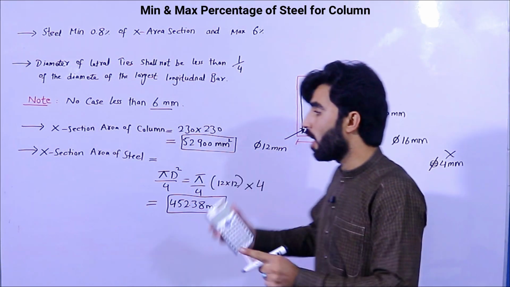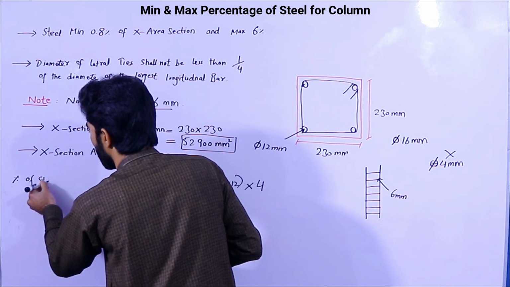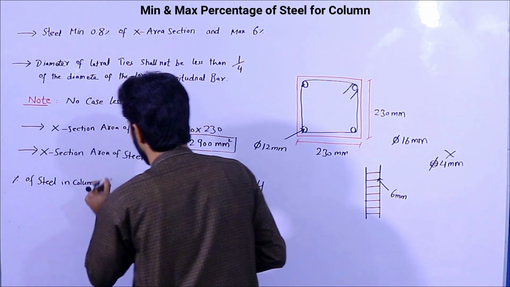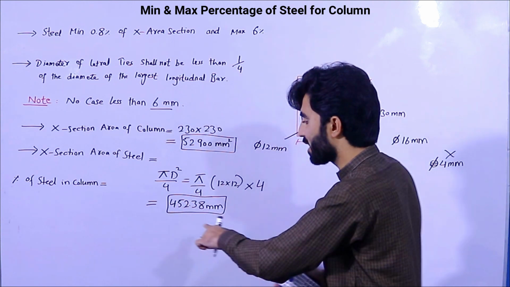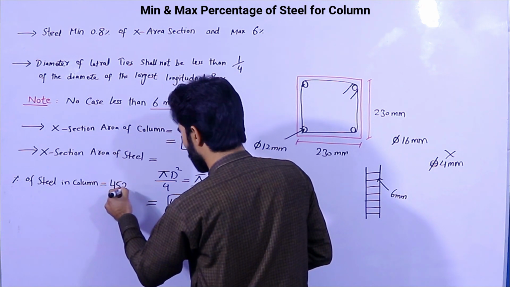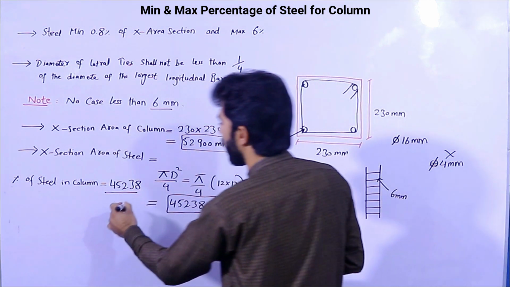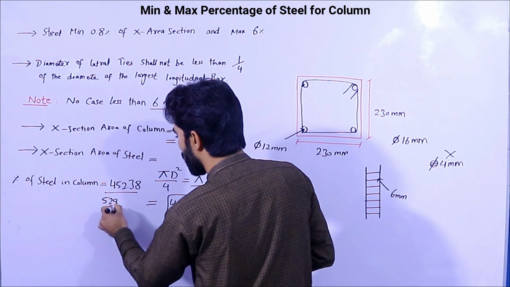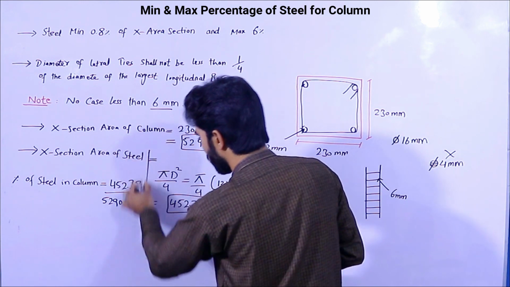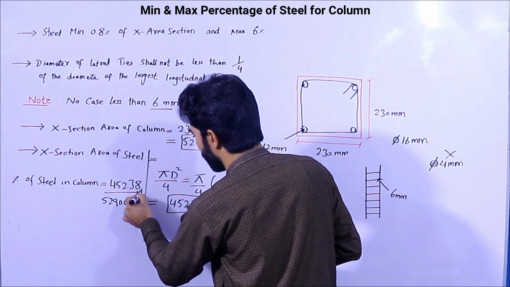Now what is the percentage of steel in column? Okay, so now percentage of steel in column for these 4 numbers. Okay, so the steel area is 452.38 divided by cross-sectional area of column, which is 52,900. Okay, now multiply 100 because this is percentage.